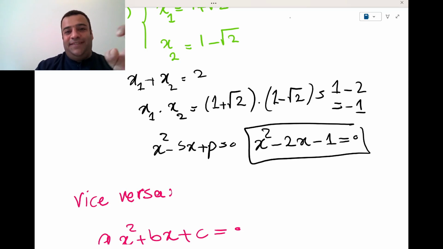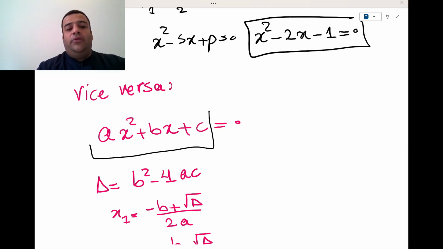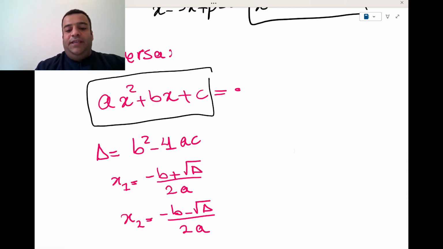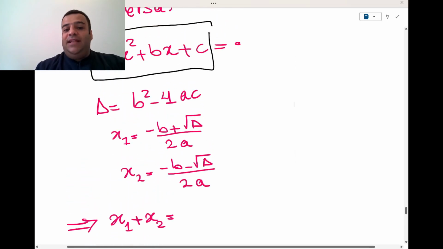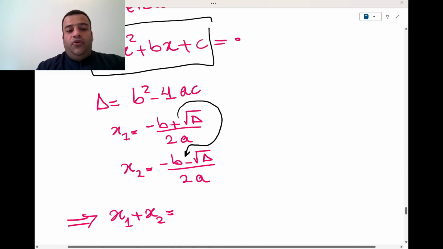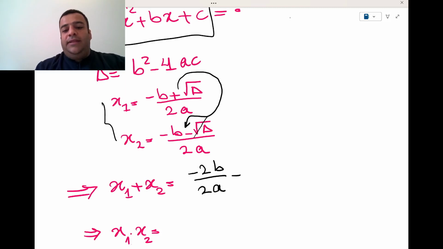Let's detect this exactly. Vice versa, you have a quadratic equation, where delta is b squared minus 4ac. Your root is minus b plus radical delta divided by 2a, and the other one is exactly this but with the conjugate. If you sum these two, the delta terms immediately cancel, it is minus 2b over 2a, and the answer is minus b over a.